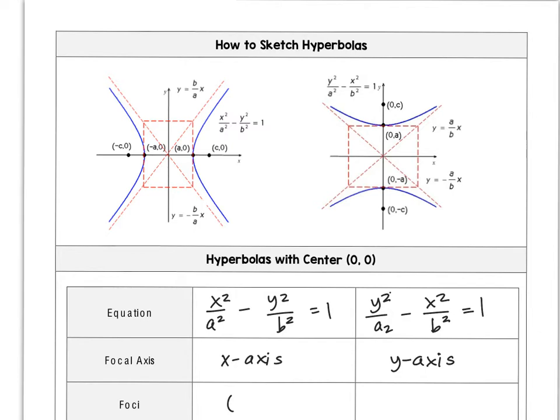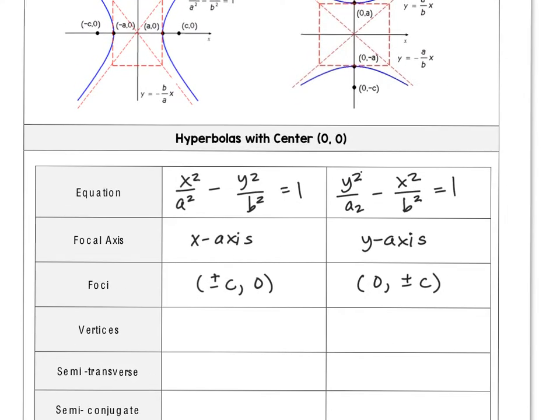The foci here would be plus or minus c, and 0. This one would be 0, and then plus or minus c for the y. As far as the vertices go, for this first one, it's plus or minus the a value, and then 0.